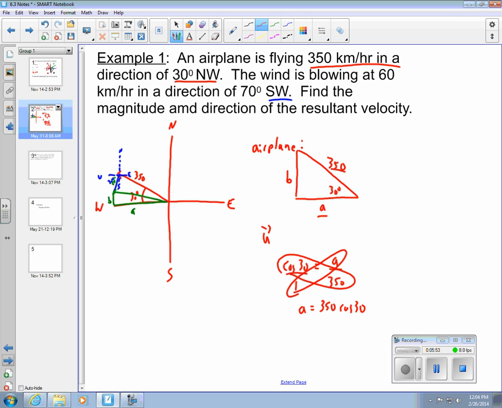And then to find B, because I need the components for this. So I got 350 cosine 30, which is 303.1.